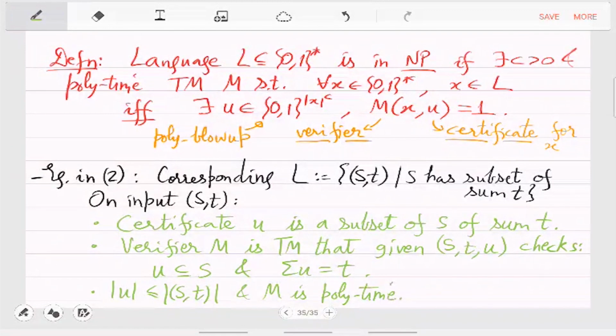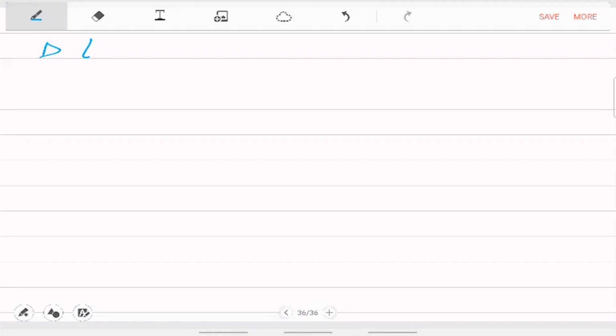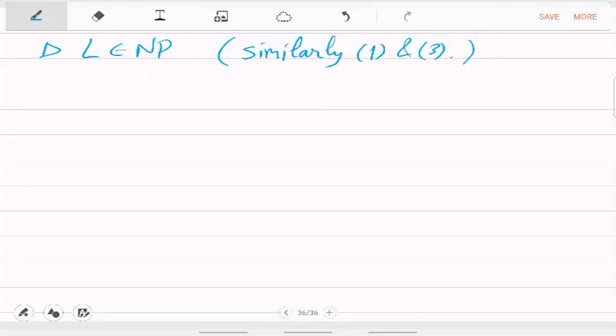So overall what you get is, by the definition, this L is in NP. And similarly with 1 and 3. So all these decision problems are in NP by the definition, because we have shown both certificate existence and verifier.